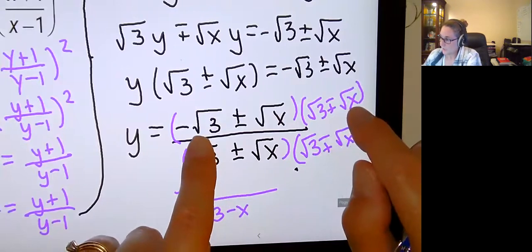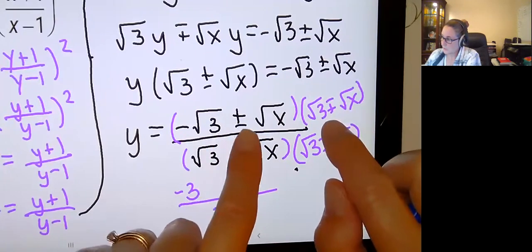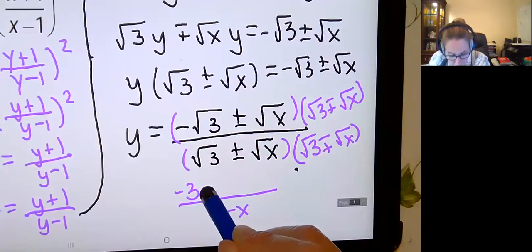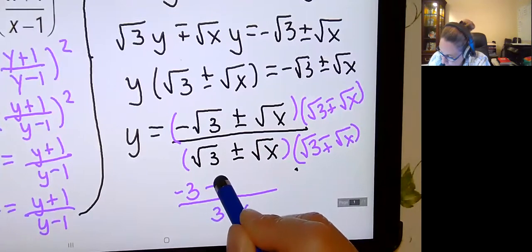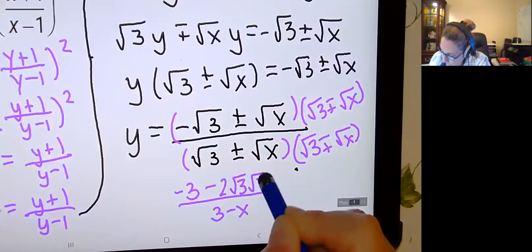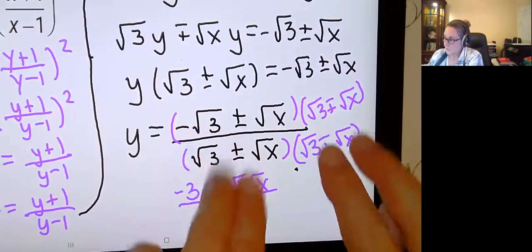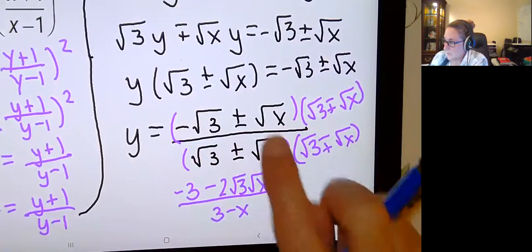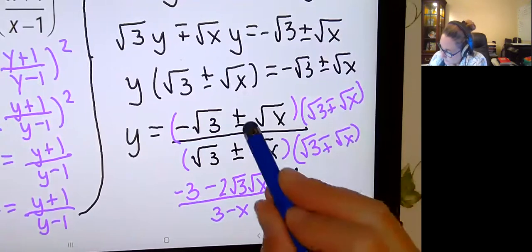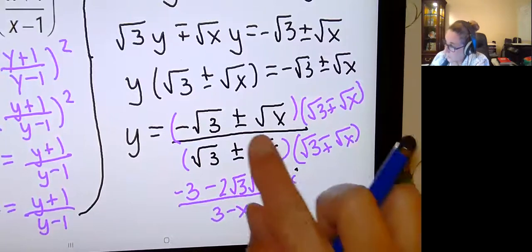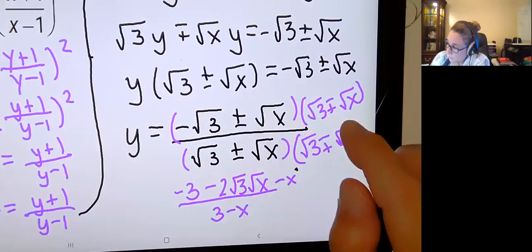If I multiply this, this is going to be a negative root 3x, and then I'm going to get another one when I multiply these. So I'm going to get a negative 2 root 3 root x. Okay, again, that's if I multiply this together. And then when I multiply this together, that's going to give me a negative x.